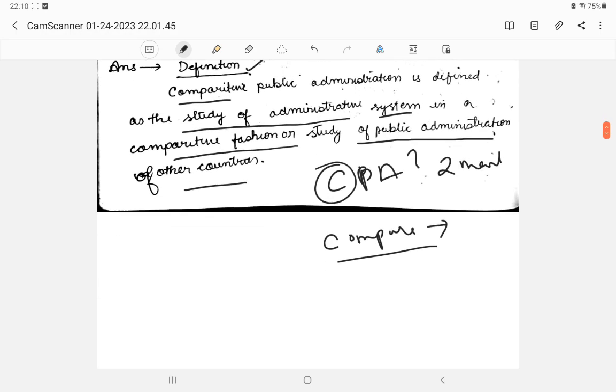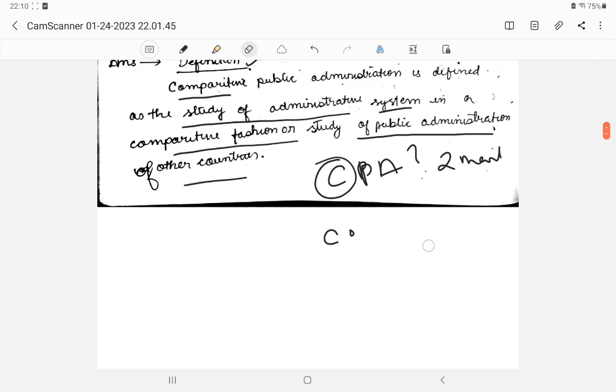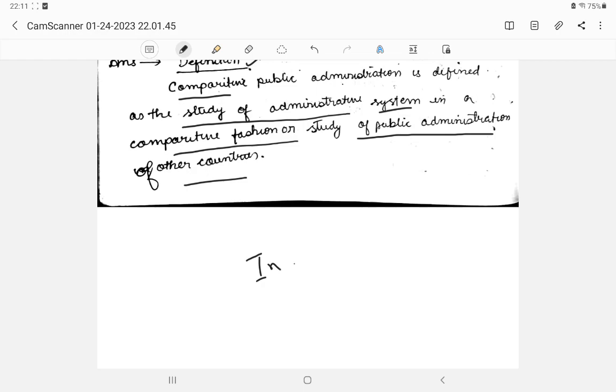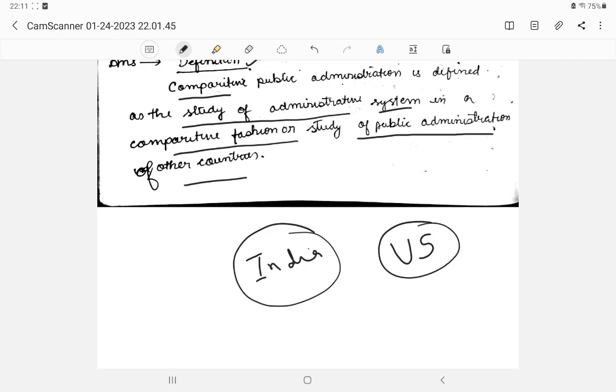So in comparative public administration, for example, India's administrative system is different from the United States' administrative system. India's administration is different from the US administration.